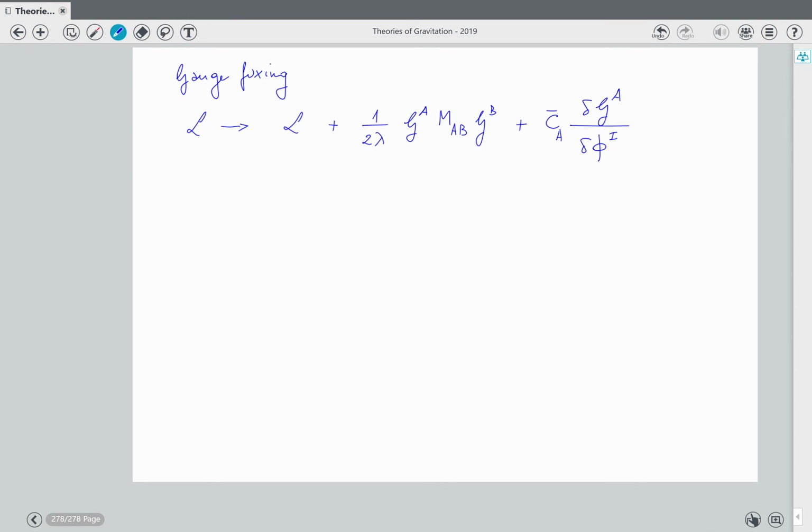And then you will have the infinitesimal transformation of those with some parameter that you call C, and that will play the role of the ghost. It's a little bit cryptic, but in the end, it's not.